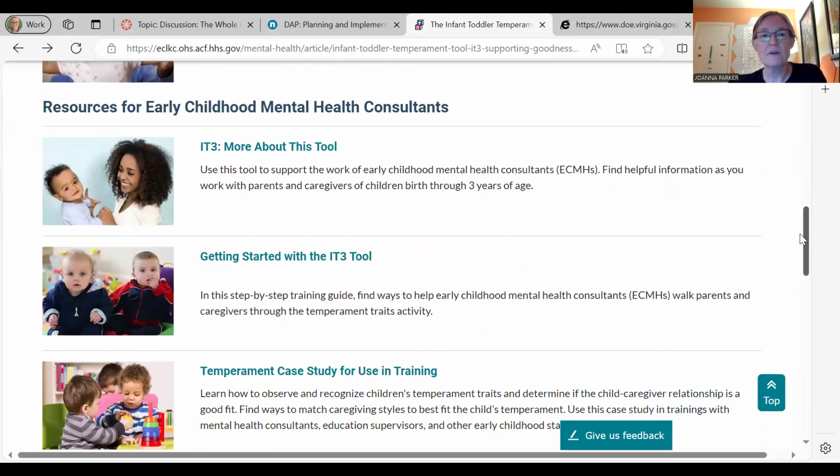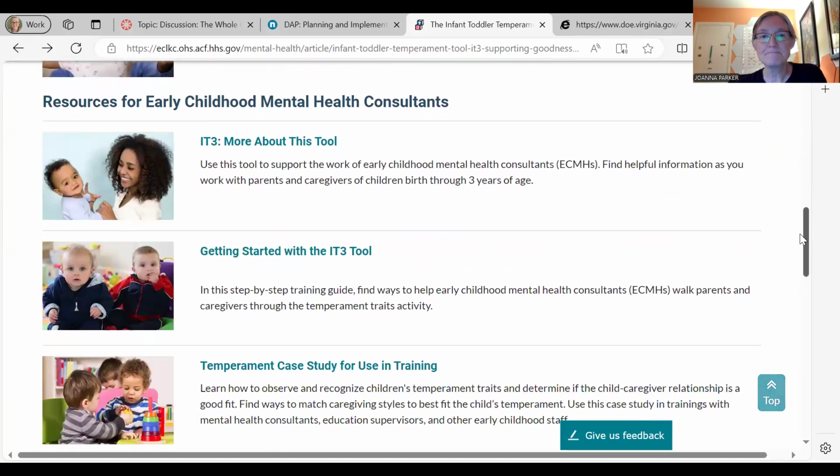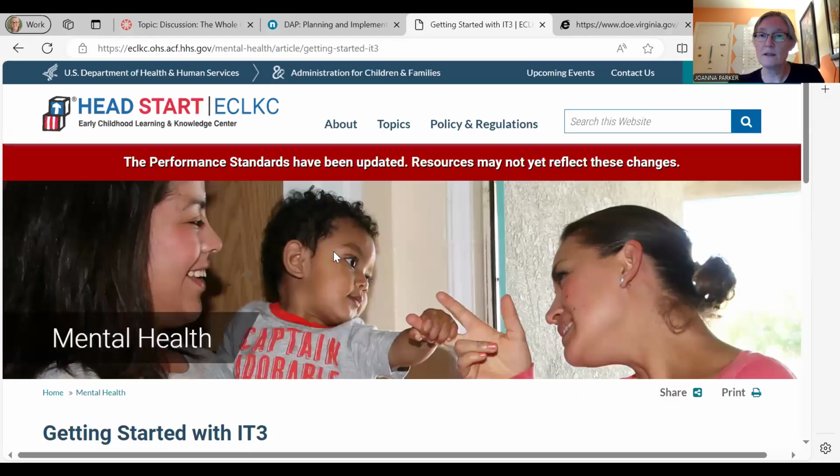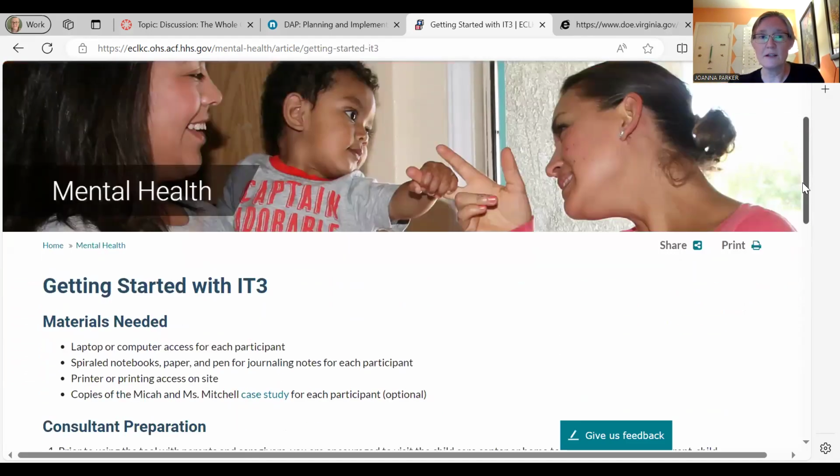And then we have our tool, which is actually a way where you can look at your temperament and the temperament of a specific child, and really compare your temperament and that child's temperament, and what are ways that you can get to what we call goodness of fit, where we are interacting with and supporting very young children in ways that match their needs, right?